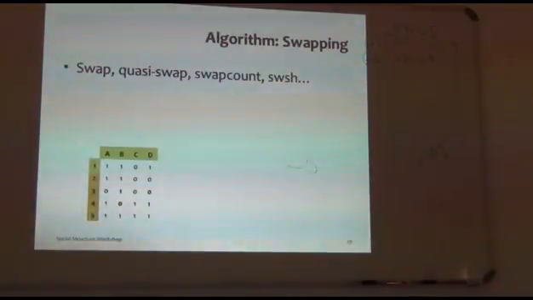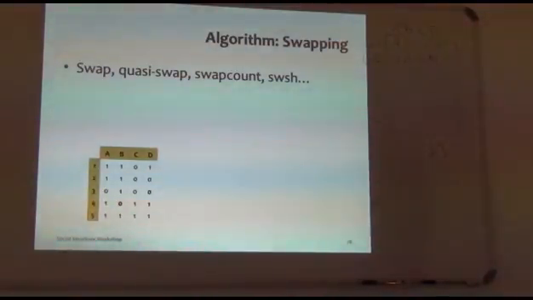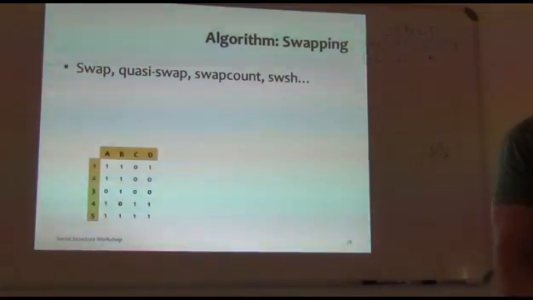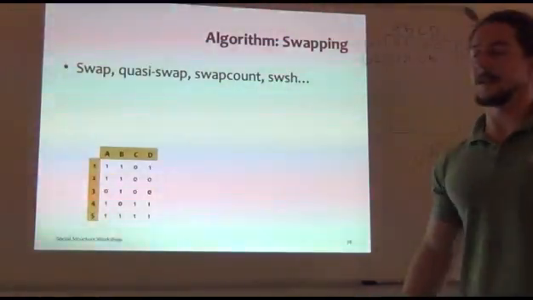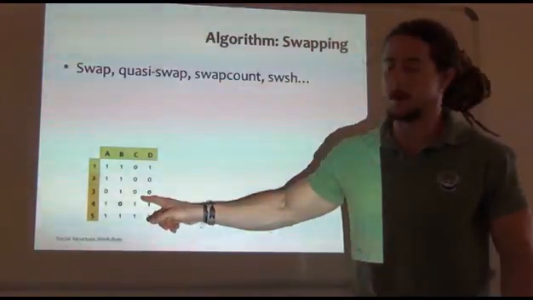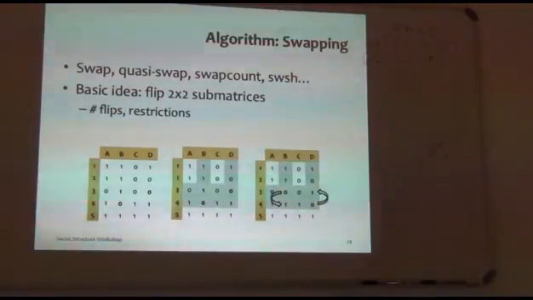So, the algorithms. This is very similar, if not the same as the permutation we saw yesterday. There's the swap algorithm, which essentially finds those checkerboards and flips them around the way we've seen already.